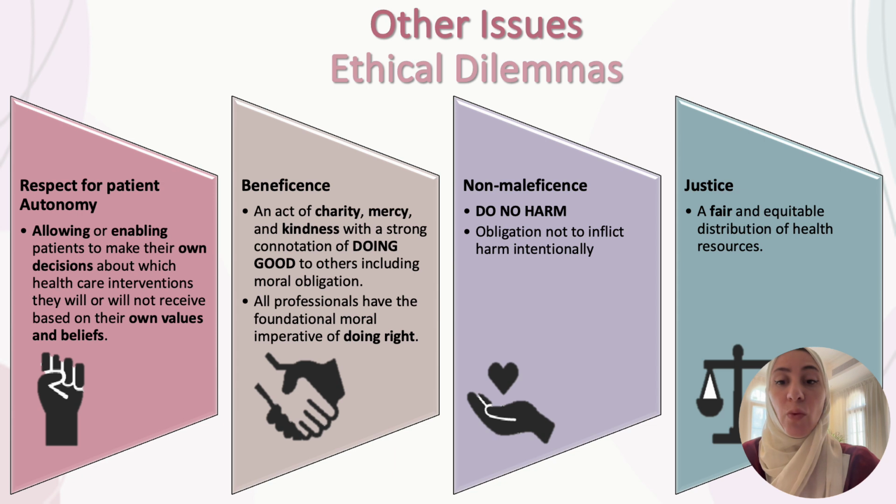For example, we have an 80 year old patient with early stage dementia who decided not to pursue aggressive chemotherapy for newly diagnosed cancer. As a nurse, you have to respect their decision, even if the family members disagree, and ensure the care team supports palliative care instead.